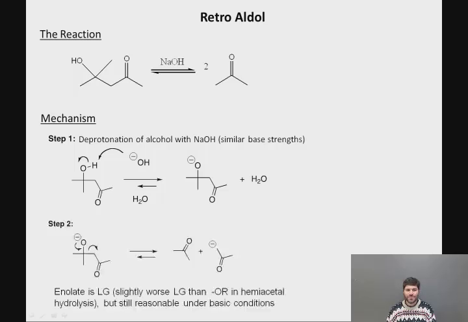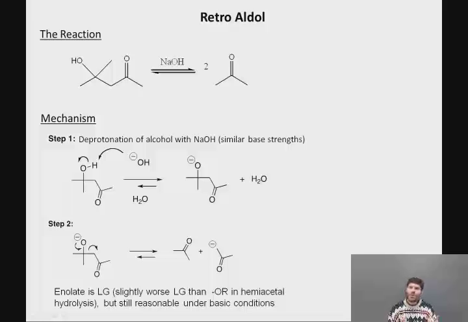Step 2 then is the expulsion of the enolate as the leaving group, generating a CO pi bond. Okay, so this is very similar to the mechanisms that you have seen with regard to acyl transfer, in which we generate a CO pi bond in the second step and kick off something that could contain a leaving group.